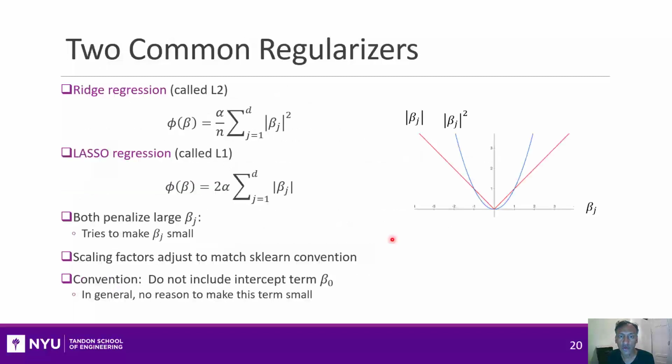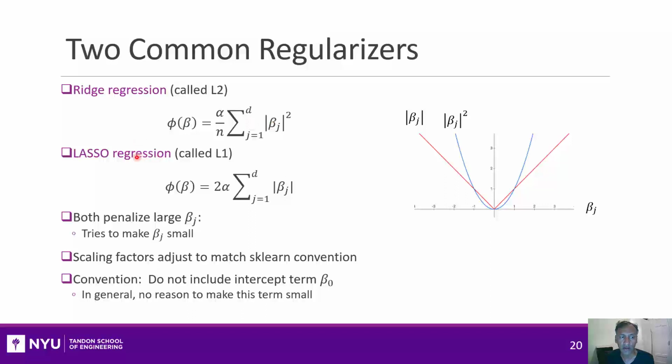Now, there are two types of regularizers that we'll focus on most in this class. The first is called ridge regression. It has a term which I won't go into the explanation of, and it's defined as some scaling times the sum of the squares of the coefficients.